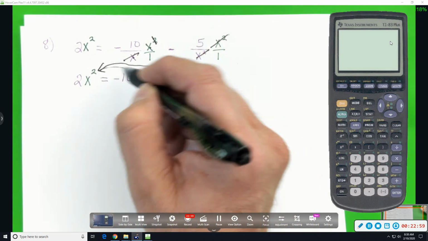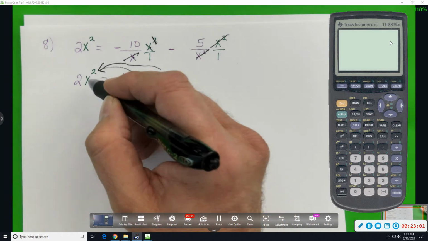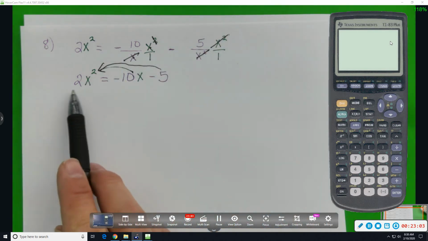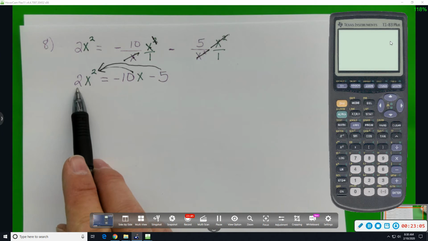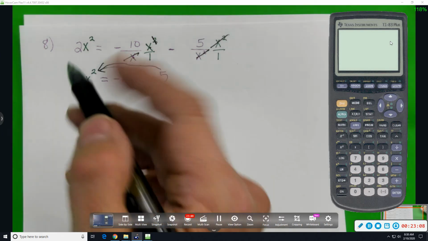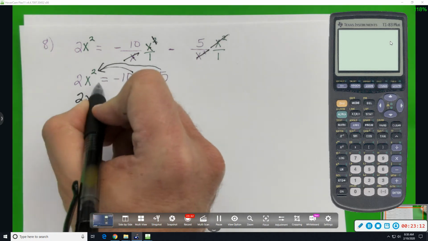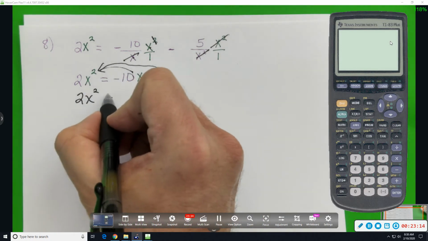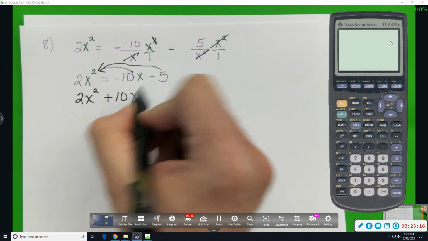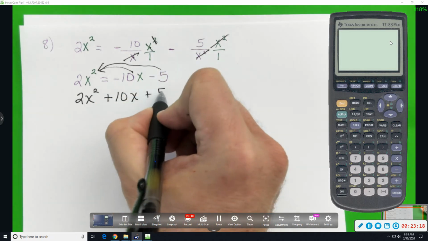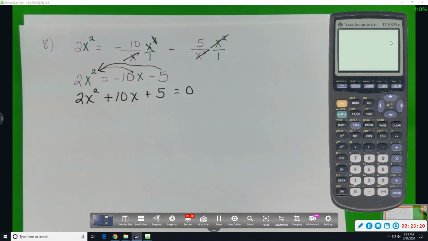So I'm adding 10x and I'm adding 5. I always like this first number to be positive. It'll work out easier if it's positive. So that's why I'm moving everything to the left. A plus 10x, a plus 5 equals 0.